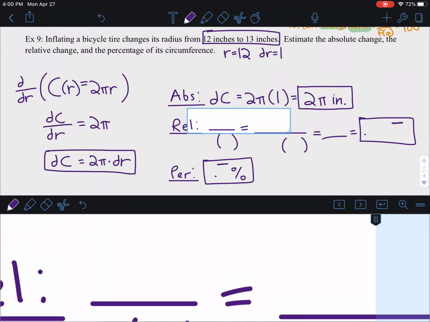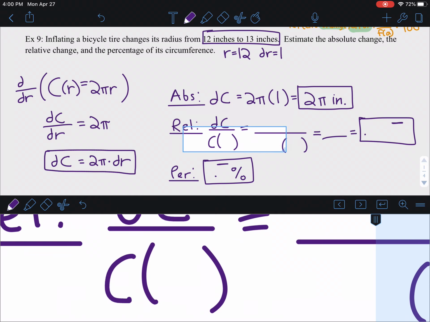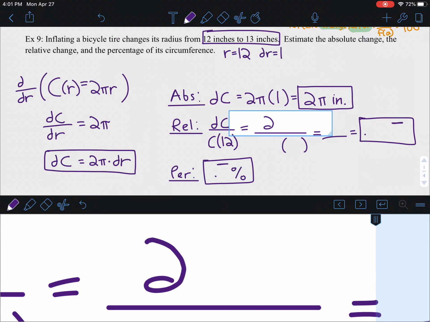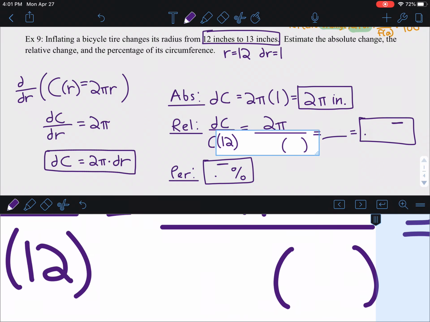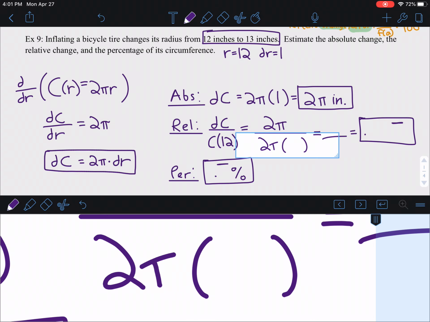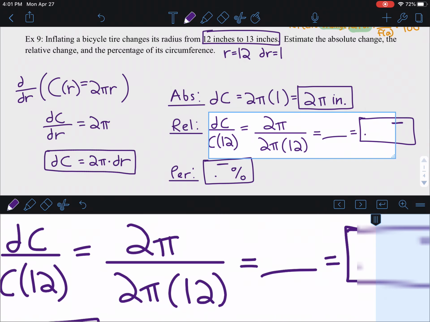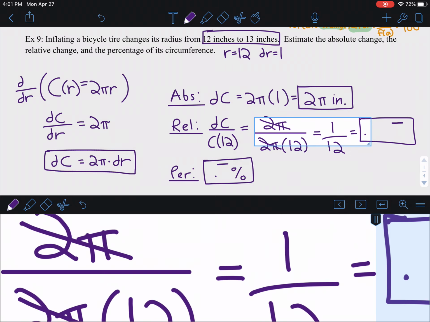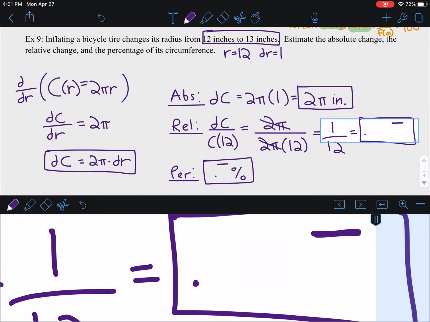Okay, what's the relative change? So let's take the differential of the circumference and divide it by the original circumference. So the circumference when r was 12, not 13, 12, the starting value. Okay, so I can take my absolute change from up here, so 2 pi, divided by the circumference formula when the radius is 12, so 2 pi r, so 2 pi times a radius of 12, and now the 2 pi's can cancel, and so I get 1 over 12, which I'm going to write as a decimal, which you may know, but if you don't, that's okay.